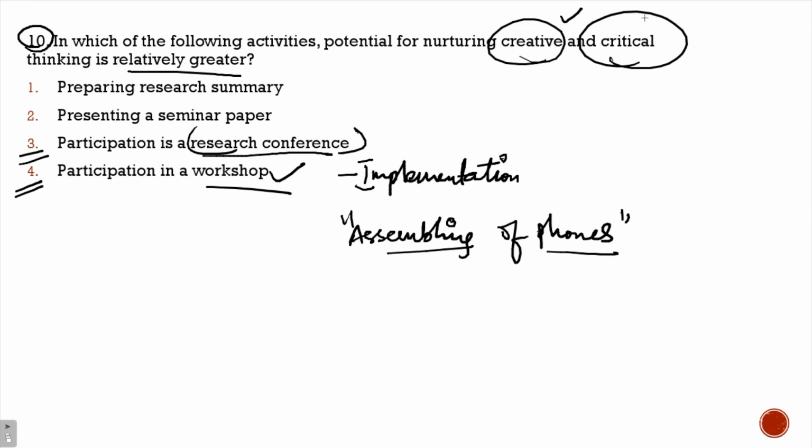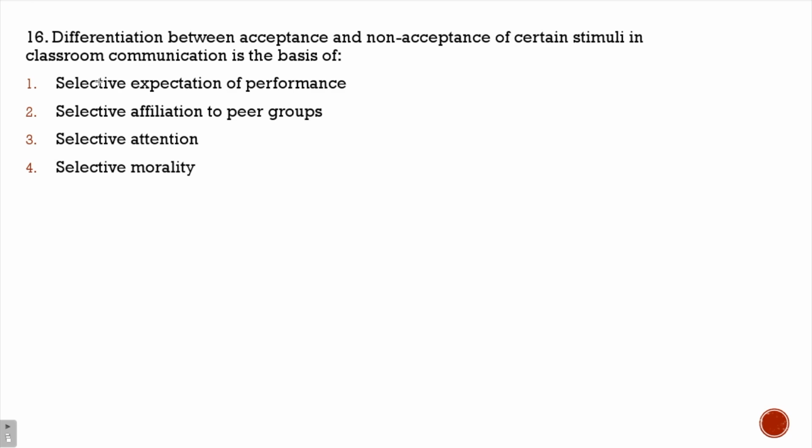So your creative as well as critical, especially the critical thinking part, is not affected in the workshop. But in the research conference, because you're involved in discussions on a certain topic, your creative and critical thinking is relatively greater when we're talking about a research conference and not a workshop. So the correct answer should be third and not fourth.